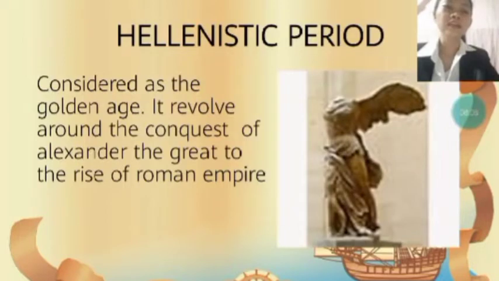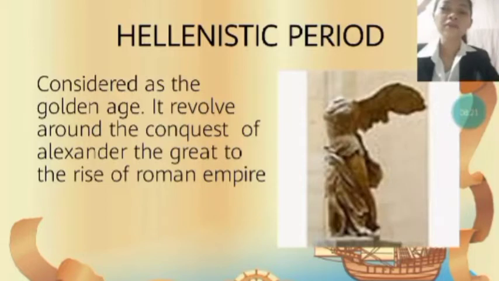Next is the Hellenistic period. The Hellenistic period, considered the Golden Age, revolved around the conquest of Alexander the Great to the rise of the Roman Empire.